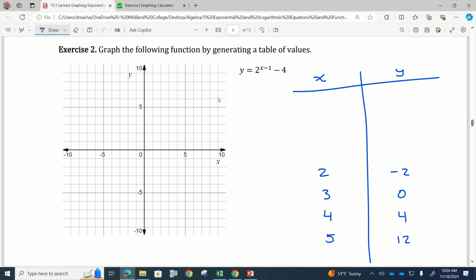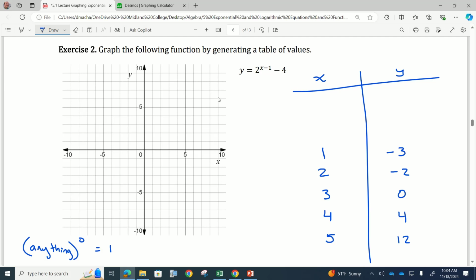What if x is 1? Negative 3? Yeah, because 1 minus 1 is 0, and you'll remember that anything raised to the power 0 is 1.